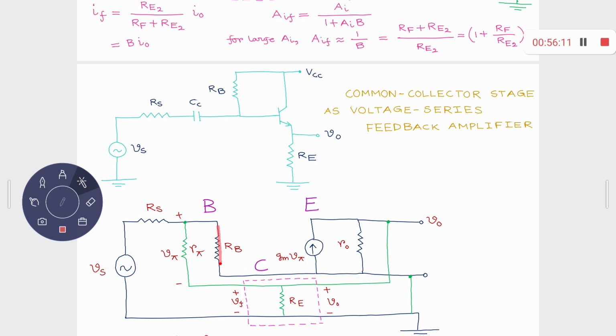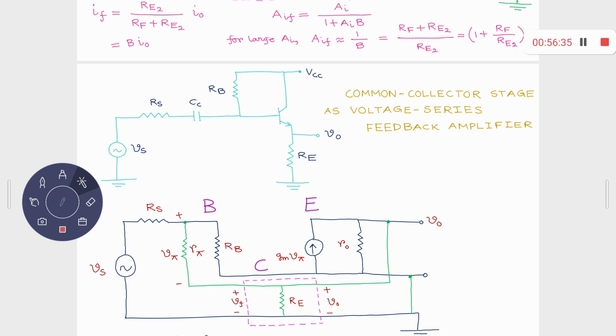So this is not your R pi. Remember, since the collector is at AC ground, and we have RB present between the base and VCC, this RB is present between the base and the AC ground. So I can draw this RB between base and collector.